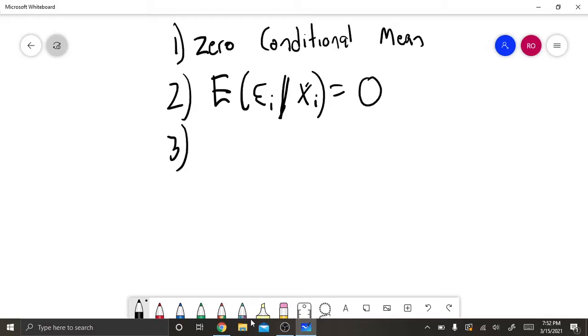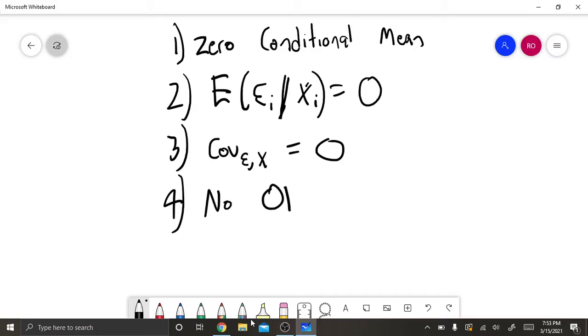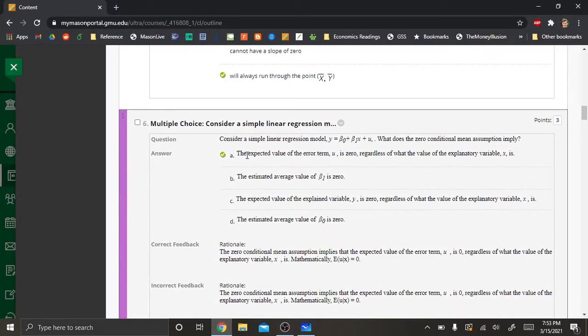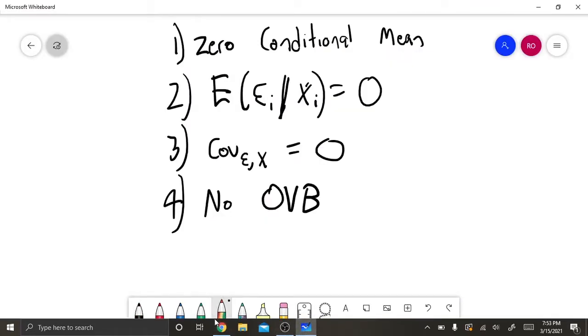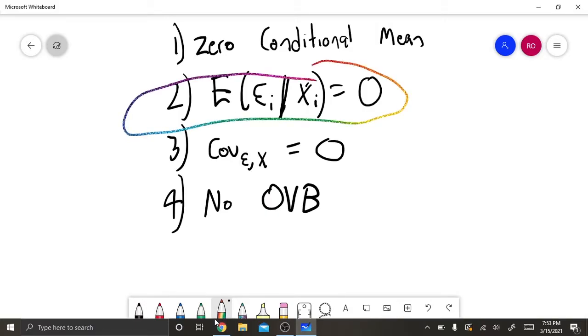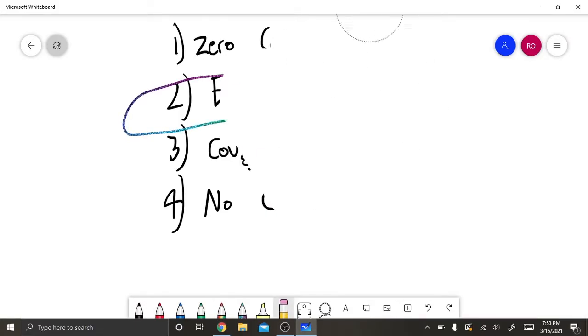The other way we can write it is the covariance of the population error term and the explanatory variables is 0. And the last way we can say it verbally is that there's no omitted variable bias. Okay, so the answer to this one is A. The expected value of the error term is 0, regardless of what the value of the error term is. So that's basically another way of putting that one right there. Okay, so that's the zero conditional mean assumption.